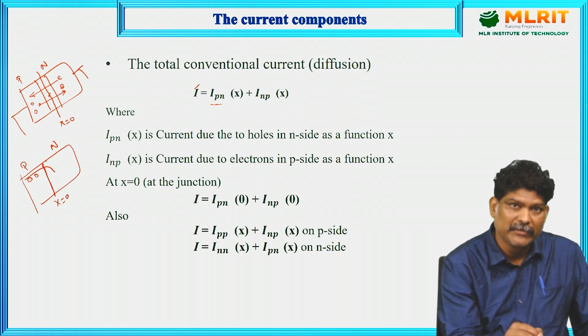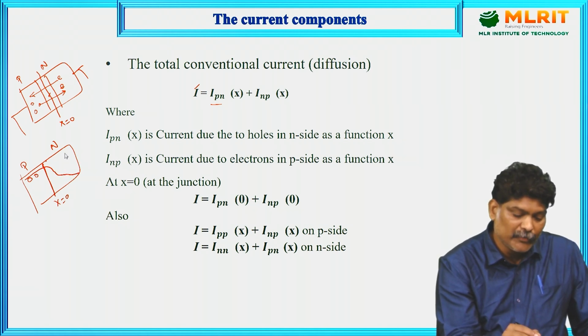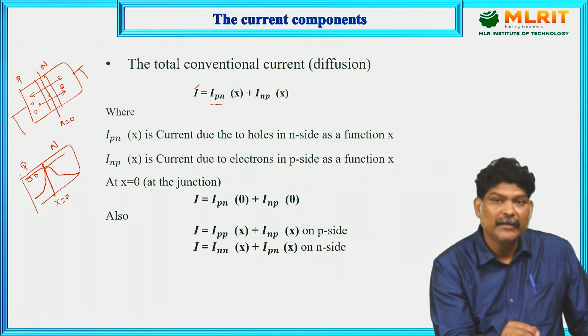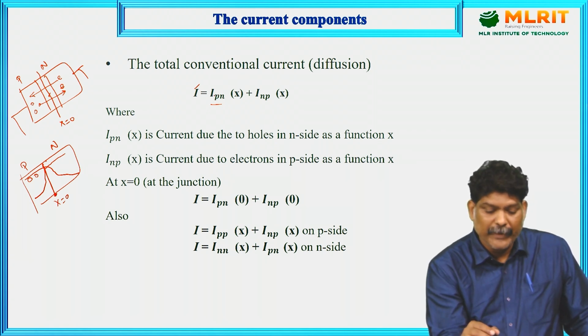The electron concentration on the N side will also decrease exponentially like this. Similarly, electrons also diffuse from the N side to the P side, and their concentration will decrease like this with respect to x.